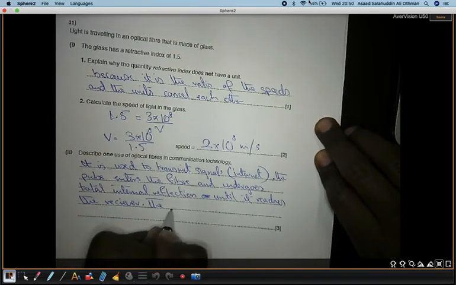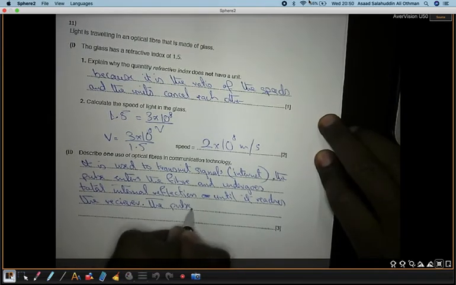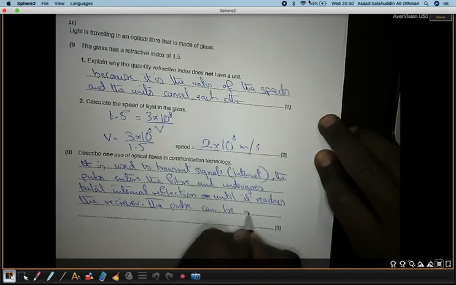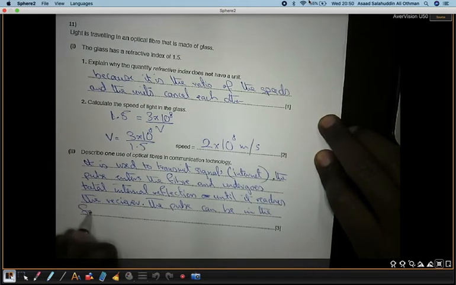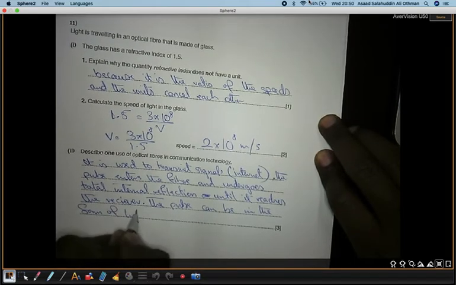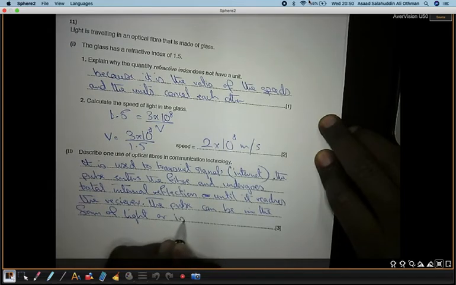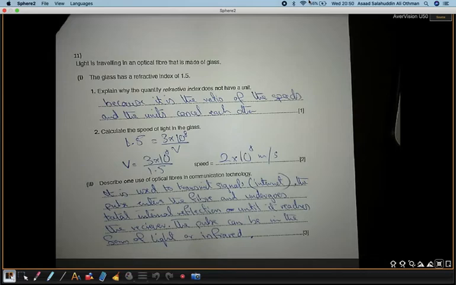The pulse can be in the form of light or infrared. Good.